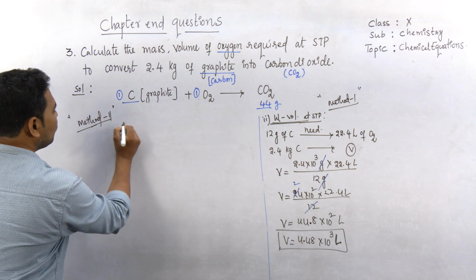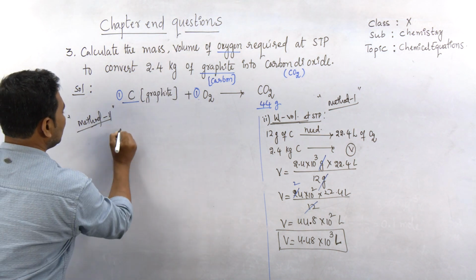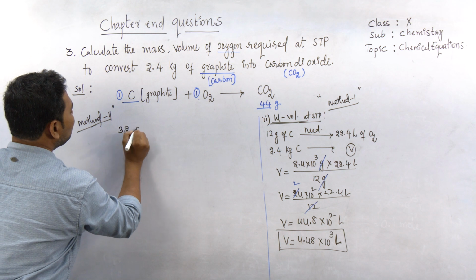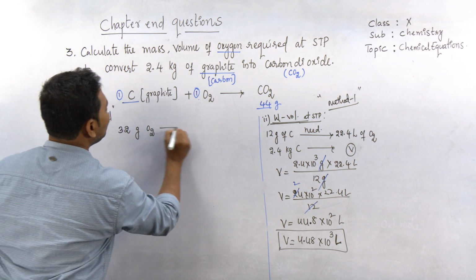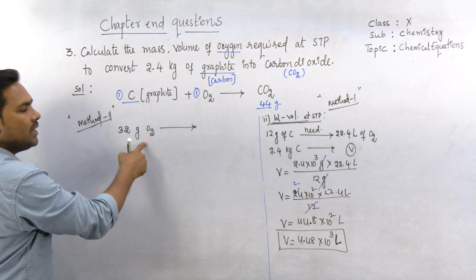Coming to oxygen, 32 gram oxygen, which is called 1 mole, right?